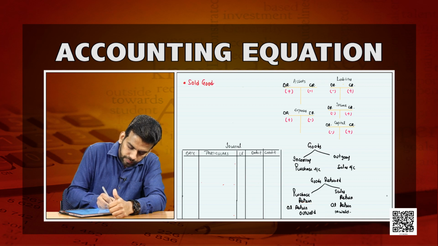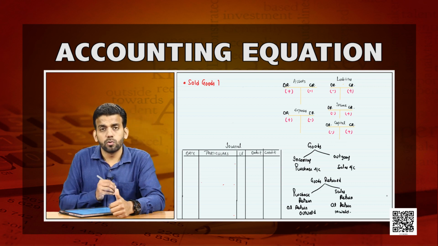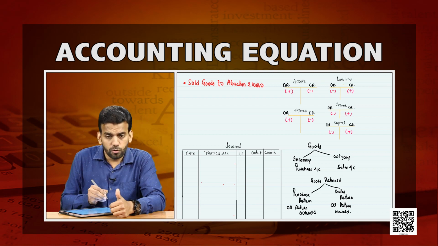Sold goods to Abraham, 10,000. When you sold goods to Abraham, what would be the journal entry?